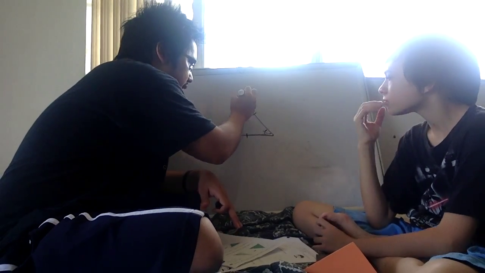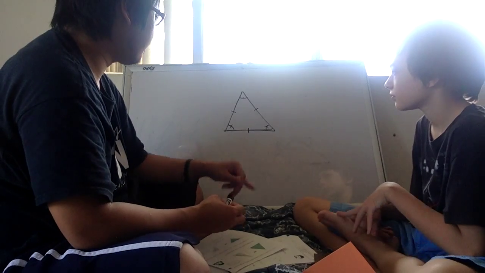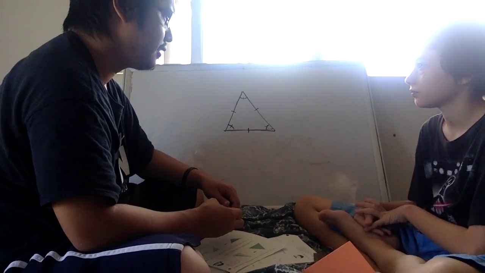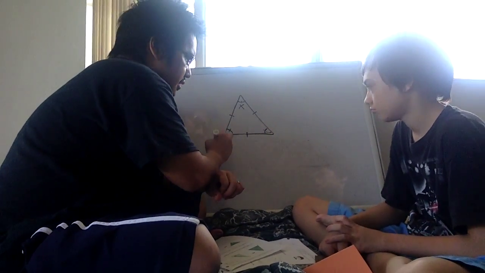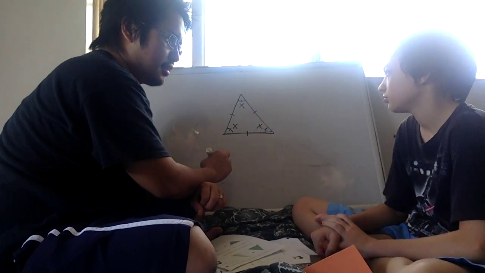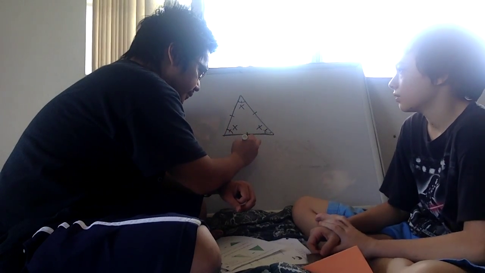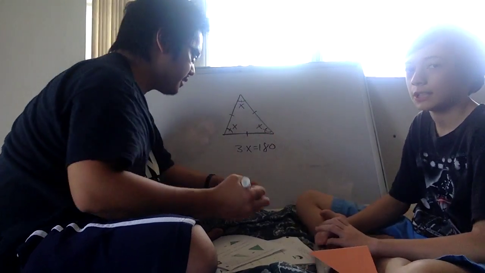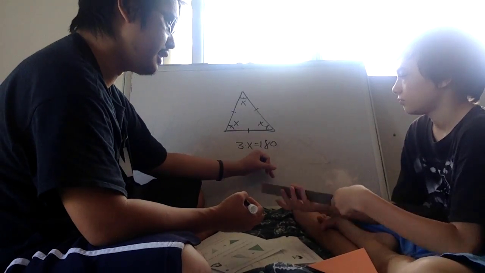They're the same. Now, if this angle is equal to that angle is equal to that angle, let's say I don't know what that angle is. Let's call it x. This is also x, and this is also x, right? And if I add them all up, what should I get? 180, exactly.